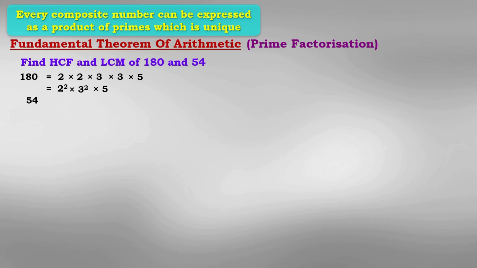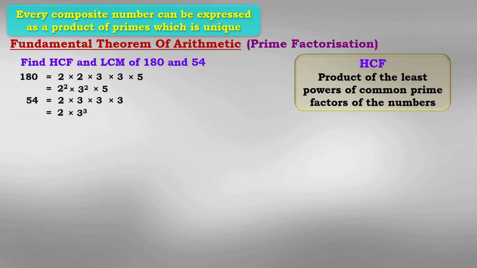Now similarly, let us represent 54. The prime factorization of 54 will be 2 into 3 into 3 into 3. If we represent it in exponent form, that is going to be 2 into 3 to the power 3. Okay, now how to represent the HCF and LCM?